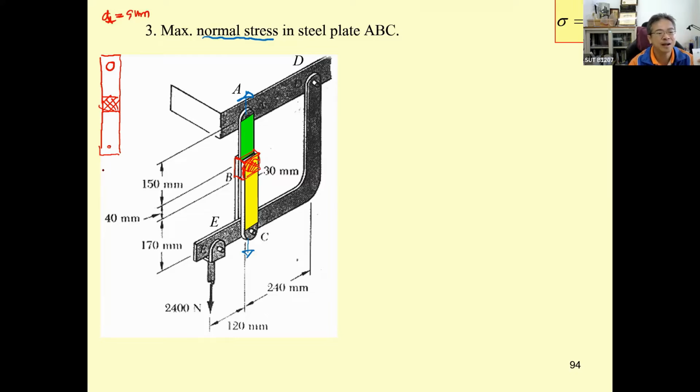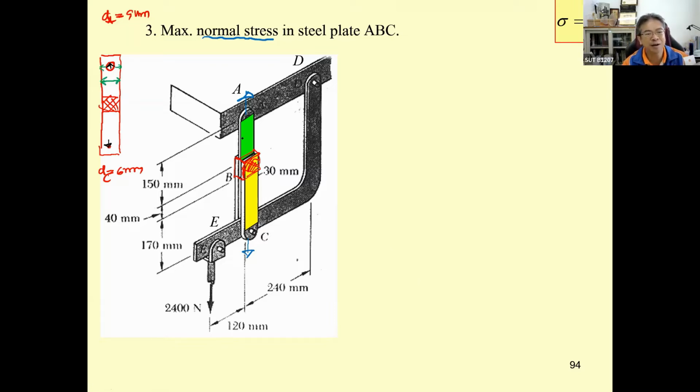Over here, the D sub C is going to be 6 millimeter. When this one is subjected to the force, the force will apply over here and also over here. That is going to be the stress that's going to occur on this portion and also on this portion.